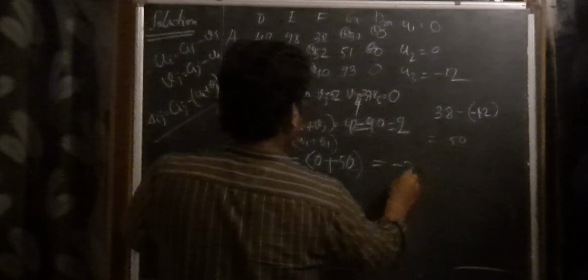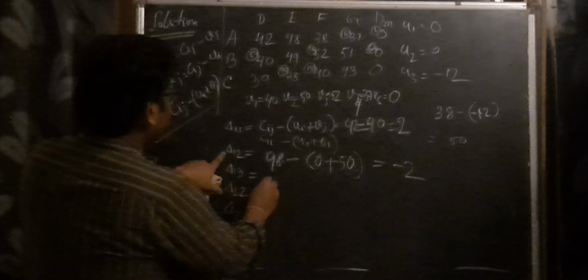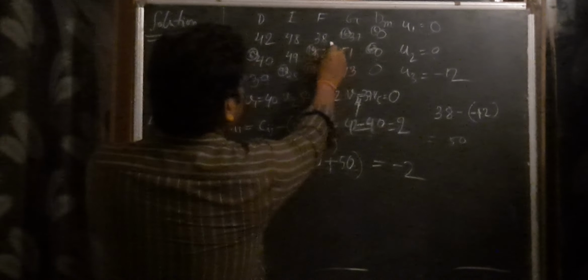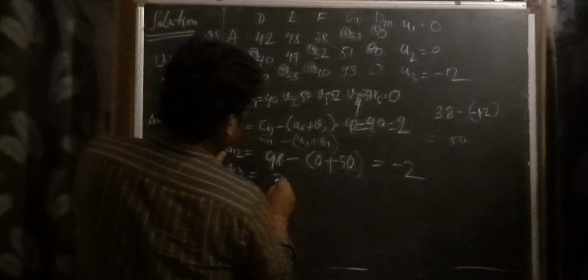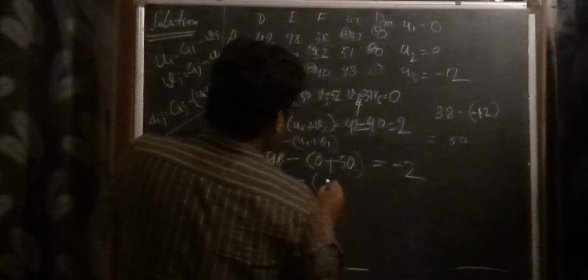So 48 minus 0 plus 50 is equal to minus 2. In the same way, for this cell, that is del 1 3, it is 38 minus u1 is 0 plus 52, equal to minus 14.